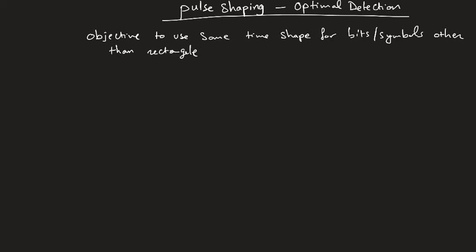Okay, so if you want to send some data, the typical way is that you are going to send data in terms of symbols or bits. Let's take the simpler example of bits.